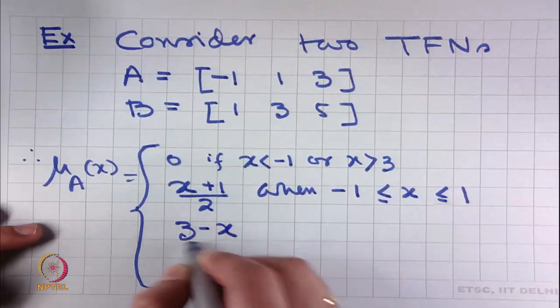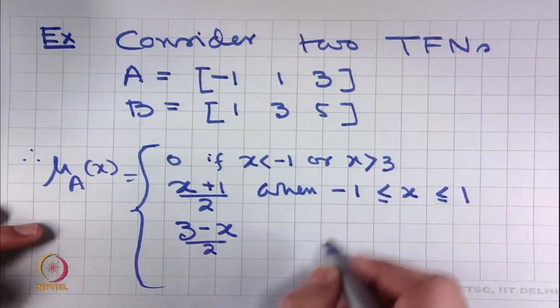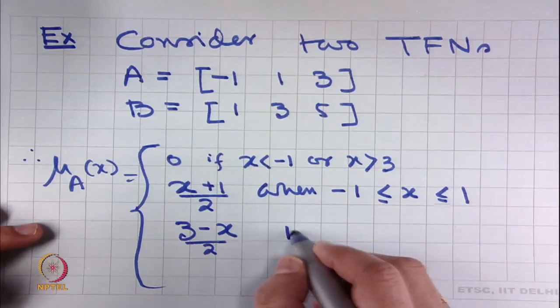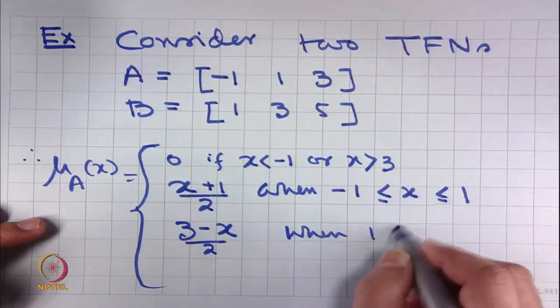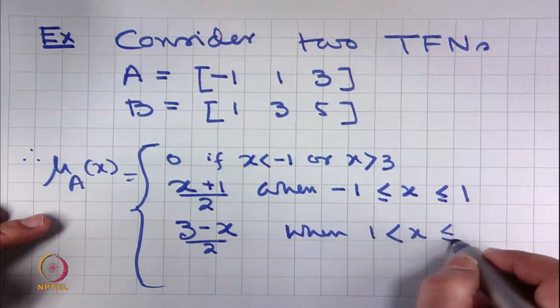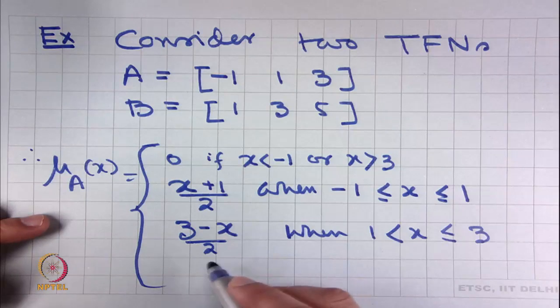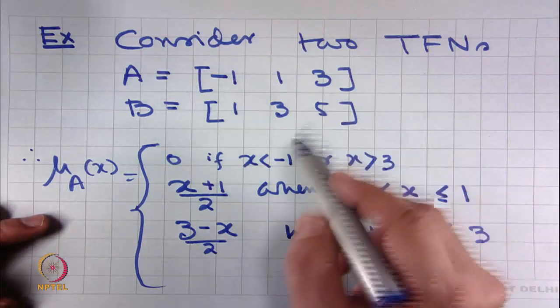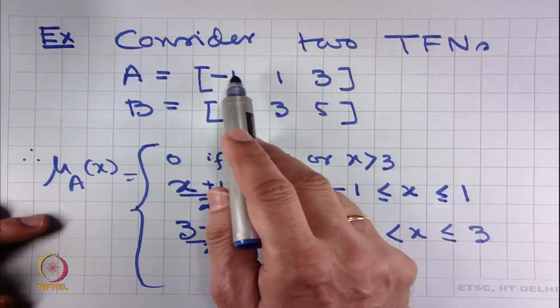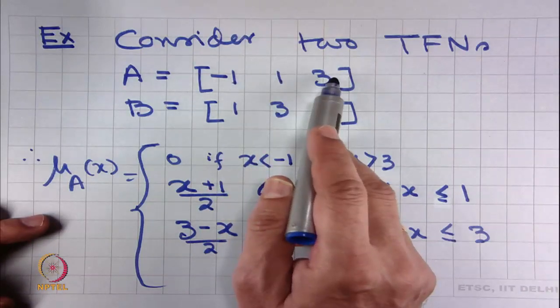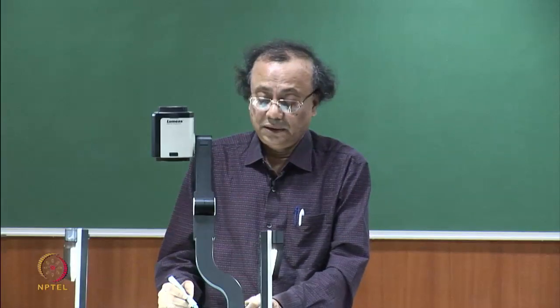This is (3 minus x) by 2 when 1 is less than x less than or equal to 3. This we can obtain very easily by considering these three values a, b, c and then applying the formulae I have given just some time back.